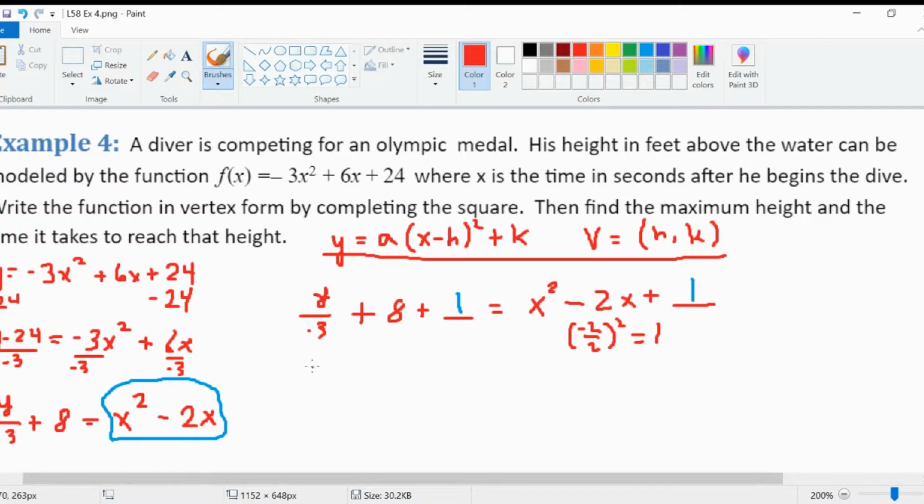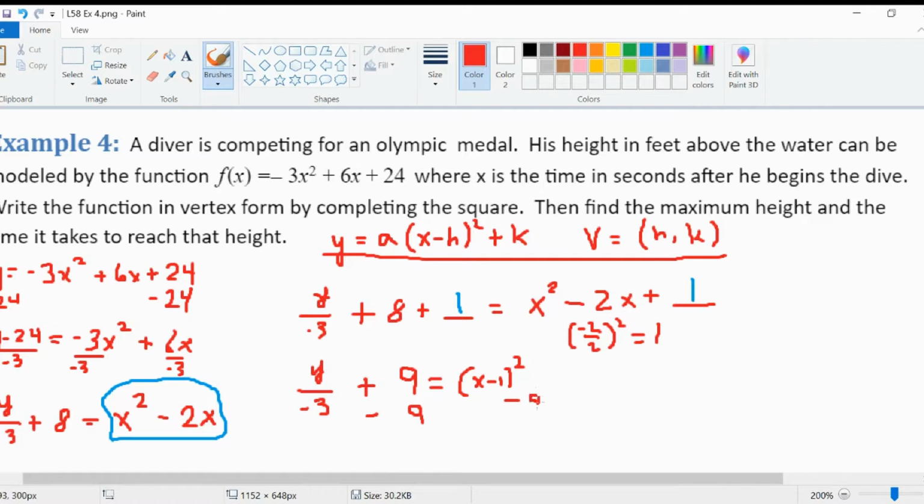On our left side, we're going to have y over negative 3 plus 9, since 8 and 1 make 9, is going to equal, now my factoring, x minus 1 squared. Perfect, and we subtract 9 on both sides.